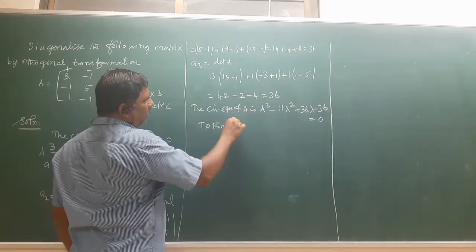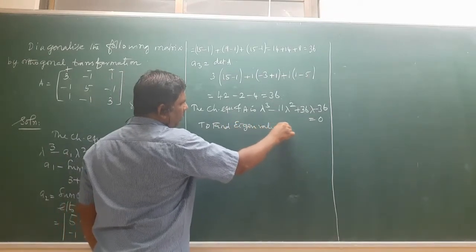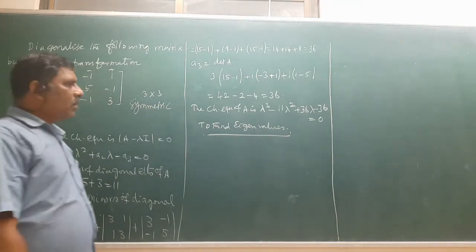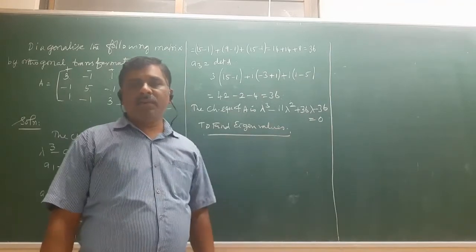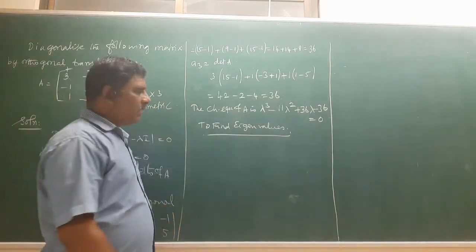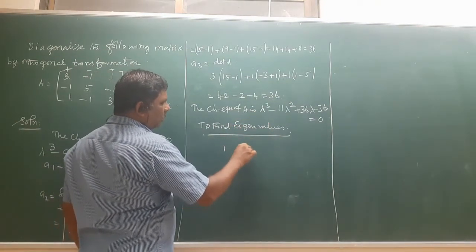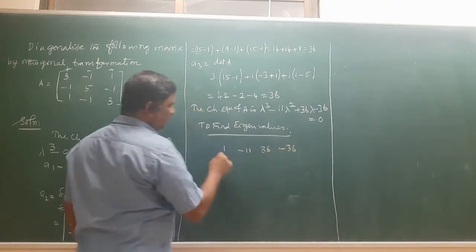Write the heading: to find eigenvalues. To find eigenvalues, already we know how to find the eigenvalue for the cubic equation. That is by using the synthetic division method. What is the synthetic division method? We have to write the coefficients of λ³: 1, -11, 36, -36.